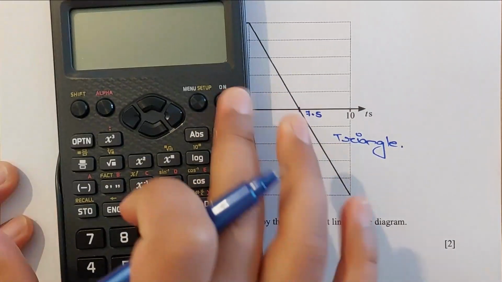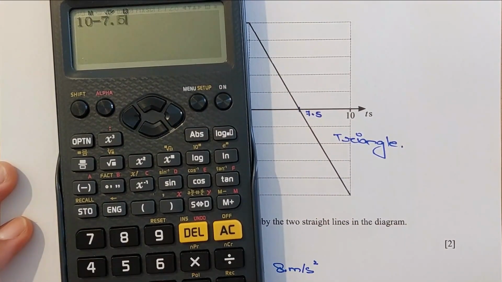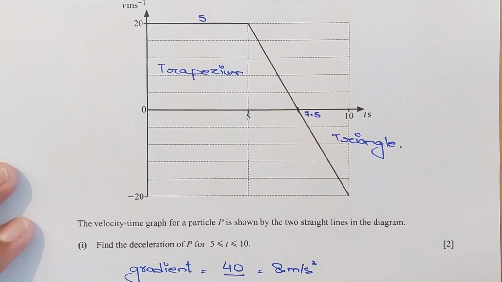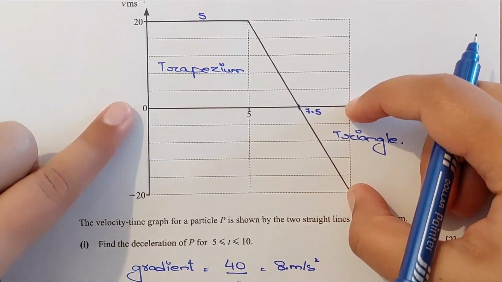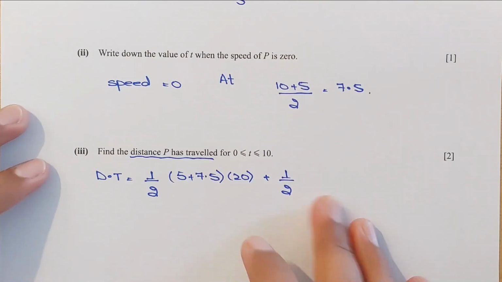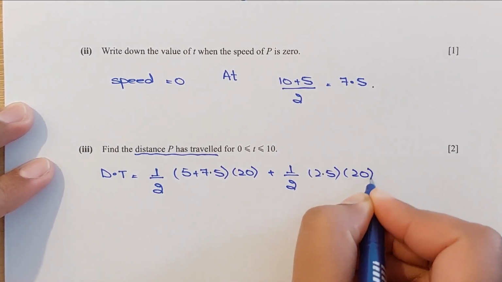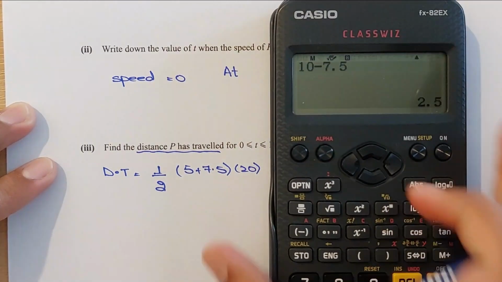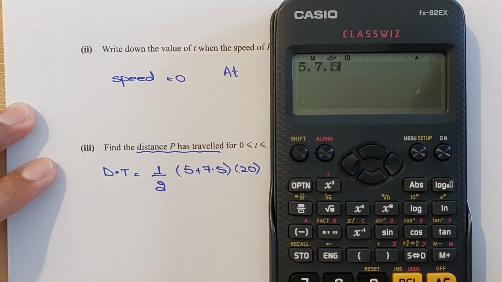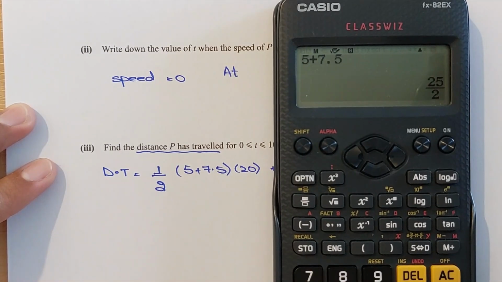So what is the base? 10 minus 7.5, this is 2.5. 2.5 is the base, and the height is from 0 to minus 20, or we can just say 20. So 2.5 and 20. Let me simplify. 5 plus 7.5, times 20, divided by 2.